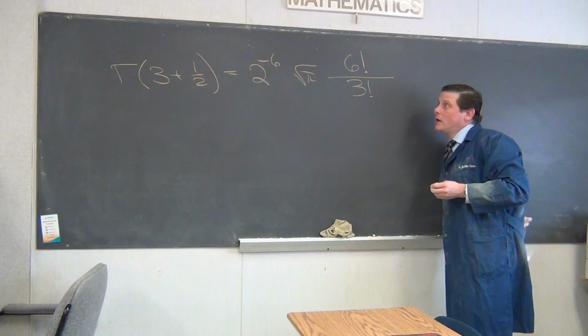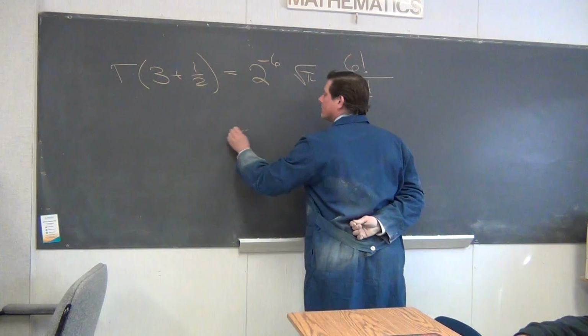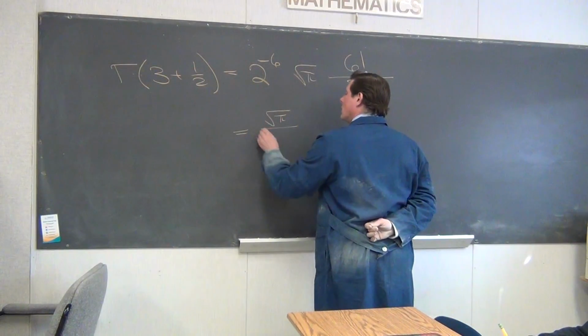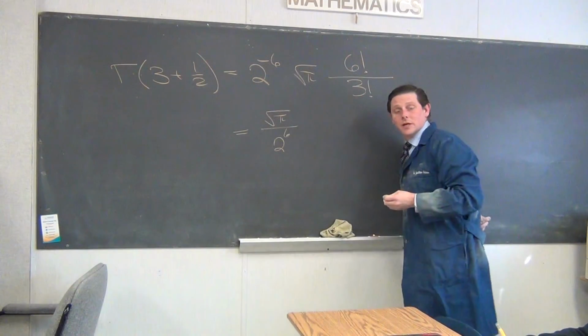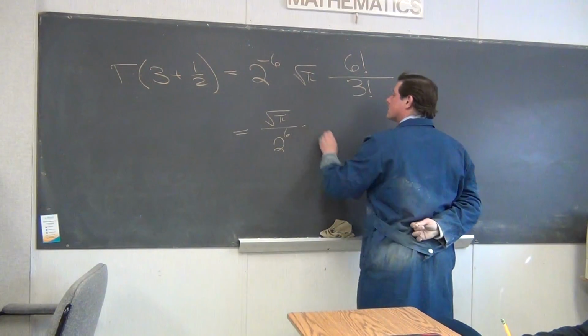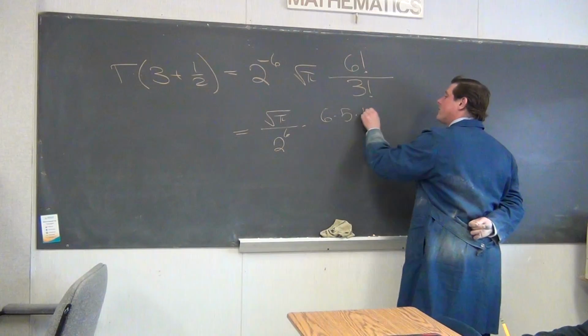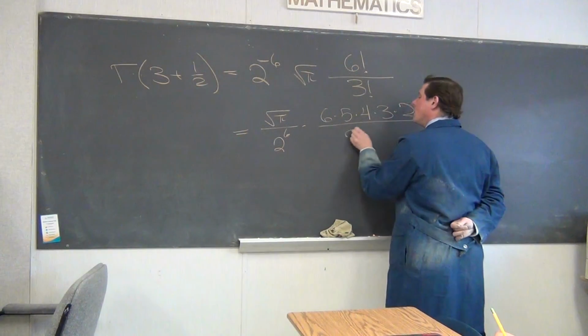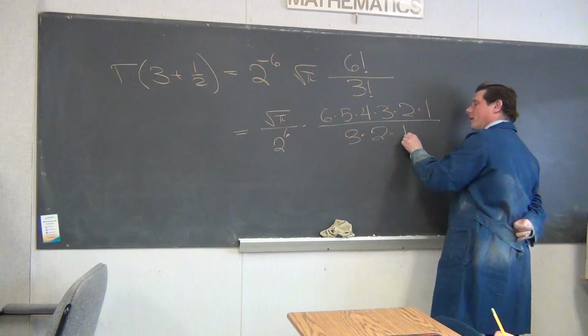Okay? Now, this is going to be root pi, 2 to the 6 downstairs. 6, 5, 4, 3, 2, 1 over 3, 2, 1.